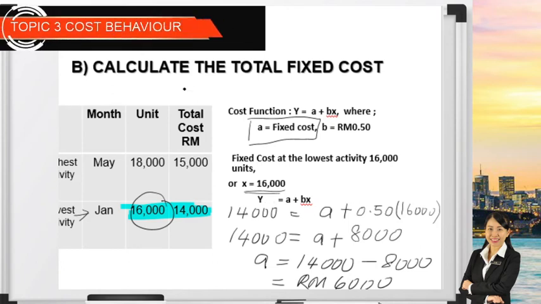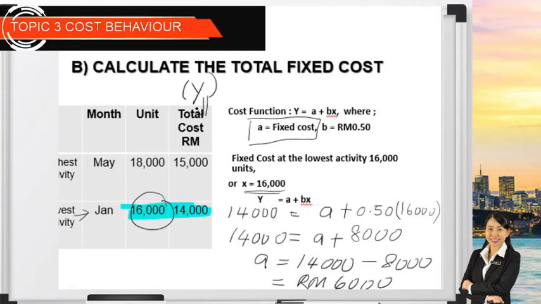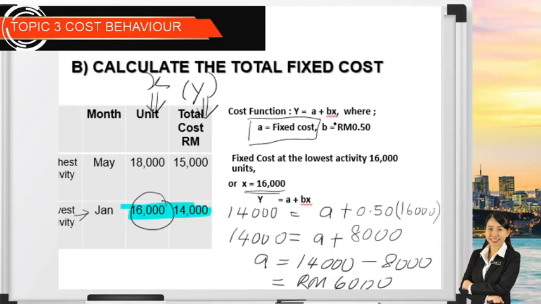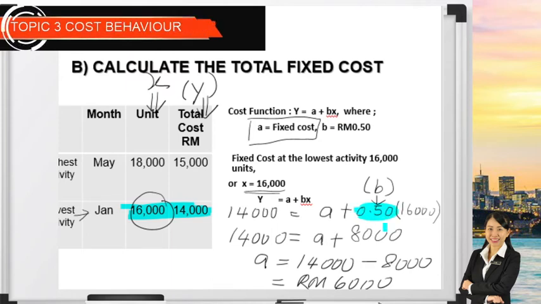Again, I want to repeat: total cost will always be y. This one will be x. This is our b. We already found out our variable cost per unit just now, 50 cents per unit.